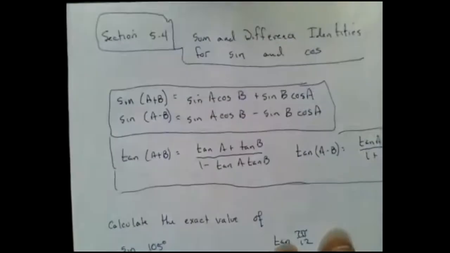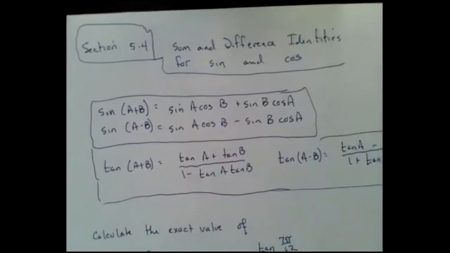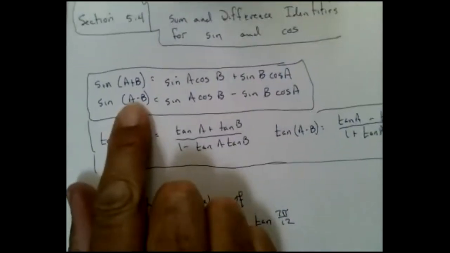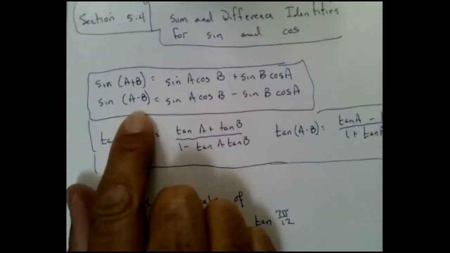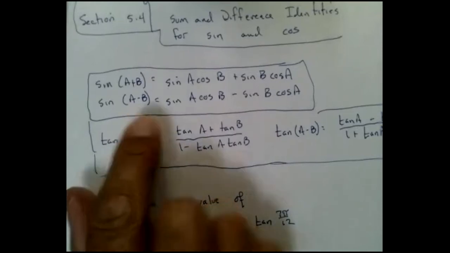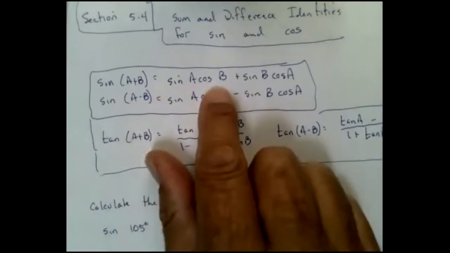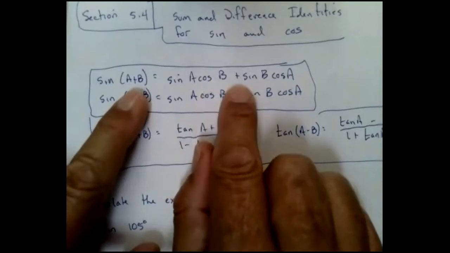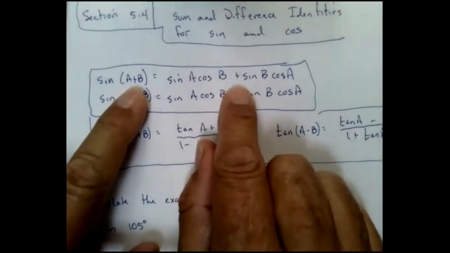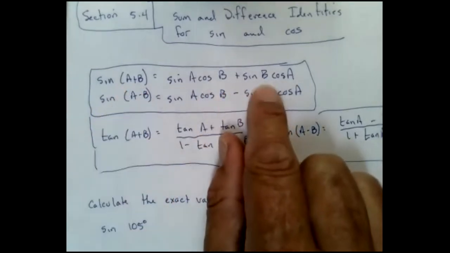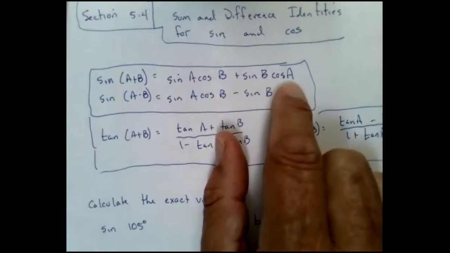Well, section 5.4. Once we do the cosine, which is considerably the easier of the two to start, these two kind of become easy. I see I have the sine of a sum, the sine of a difference. Sine of the first, cosine of the second, this time my operators are the same, plus the sine of the second, the cosine of the first.